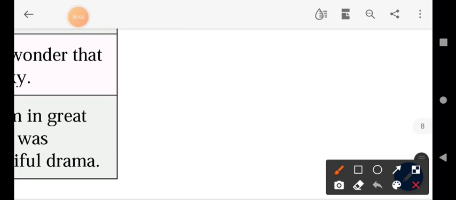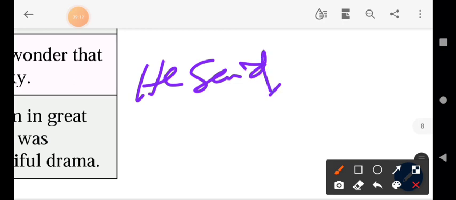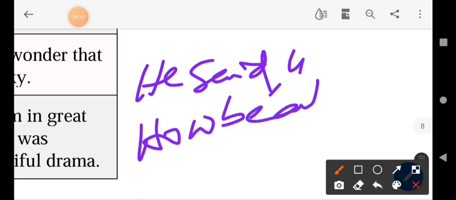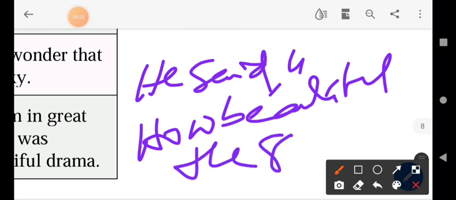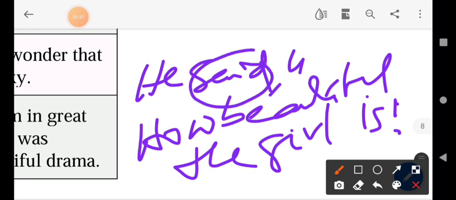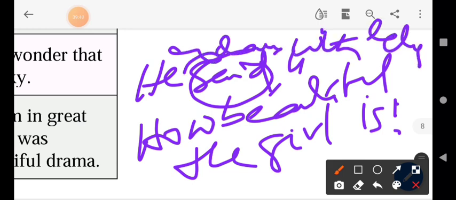For example, he said, quotation mark start, how beautiful the girl is. How beautiful the girl is. He said how beautiful the girl is. What is the reported speech? He said changes into he exclaimed with delight. Delight means happiness.